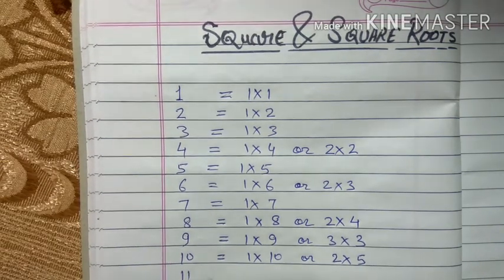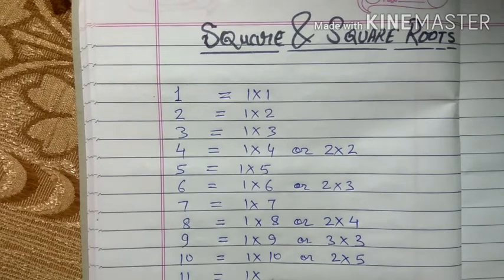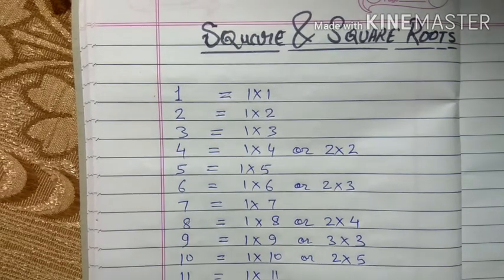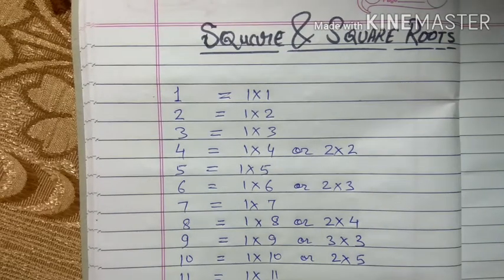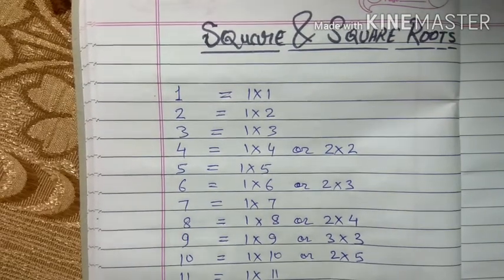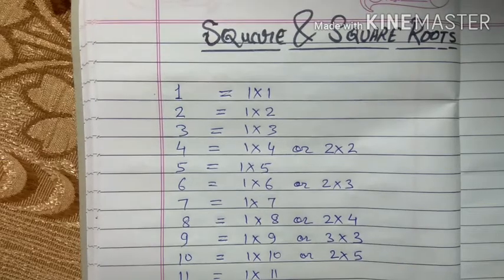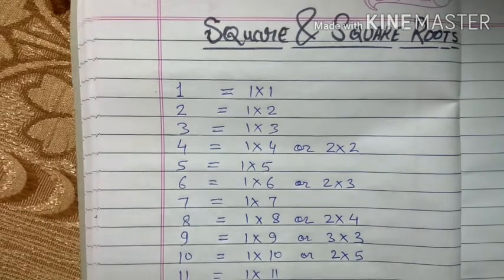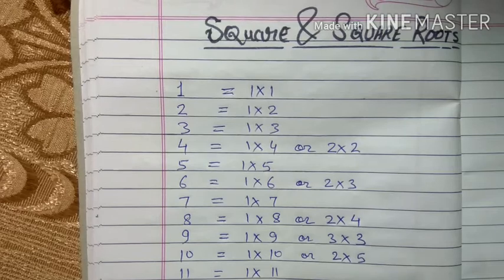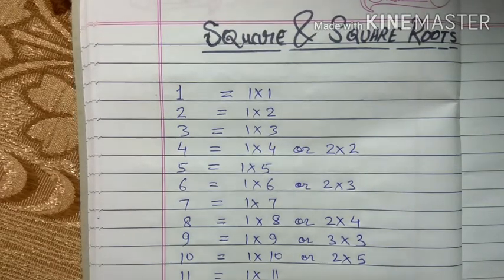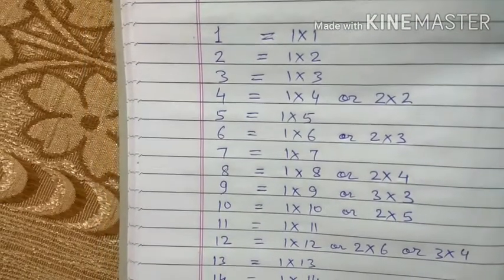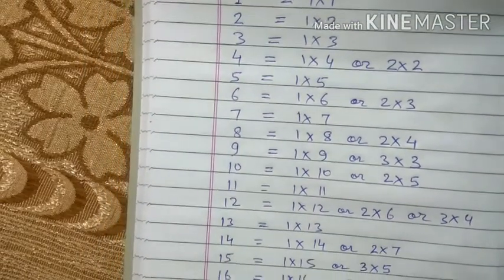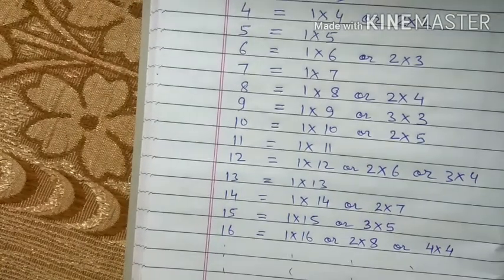Similarly 11 as 1 into 11 only. 12 as 1 into 12 or 2 into 6 or 3 into 4. Similarly we can write other numbers like 13, 14, 15 and 16 and so on.